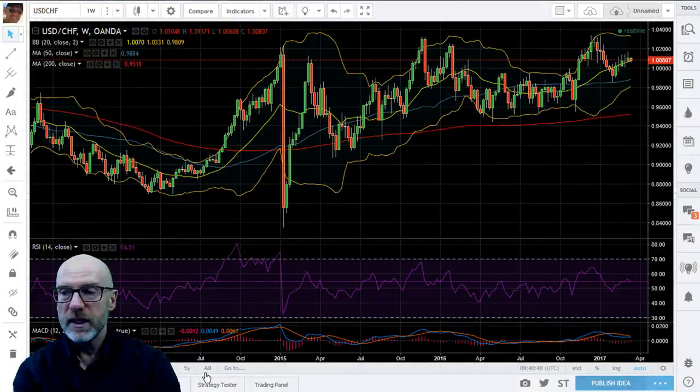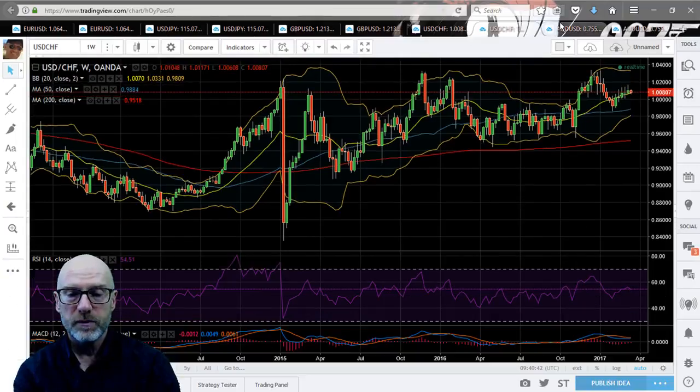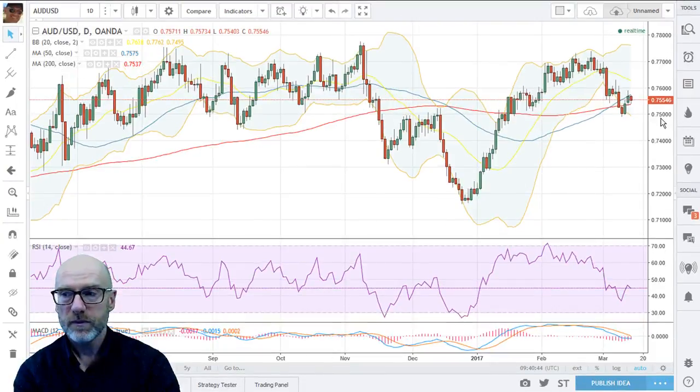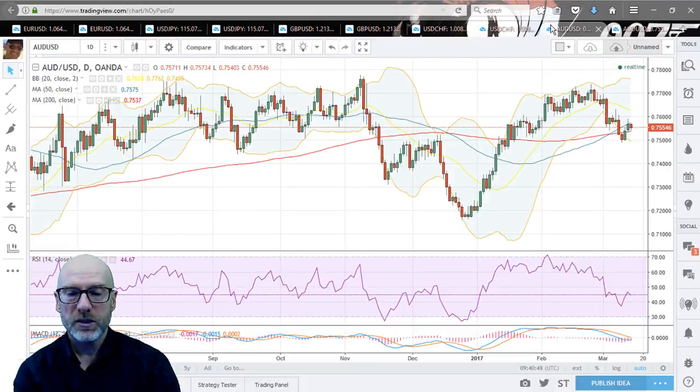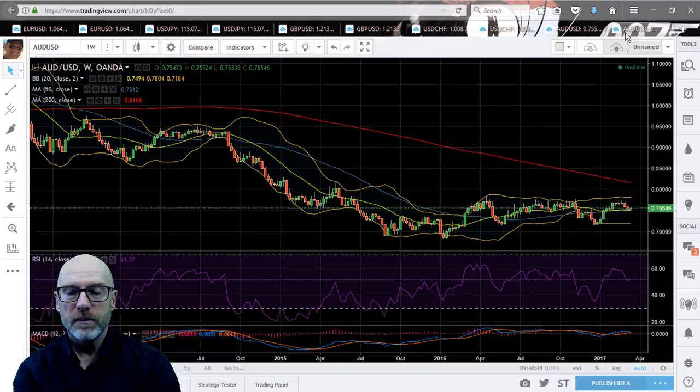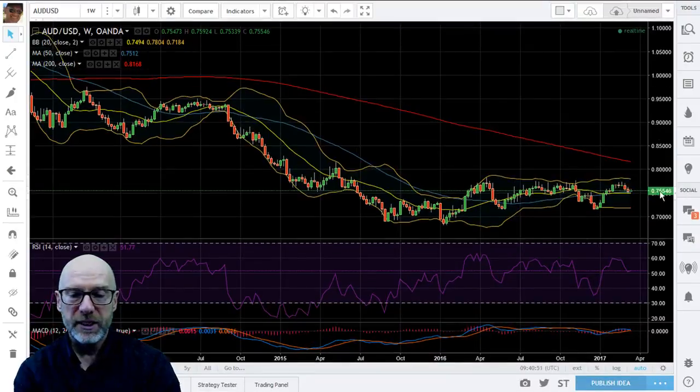Finally, the Aussie dollar, and let's look at the weekly to start. Here you can see the range trade quite easily, stretching up to 0.786 and then down to 0.68.